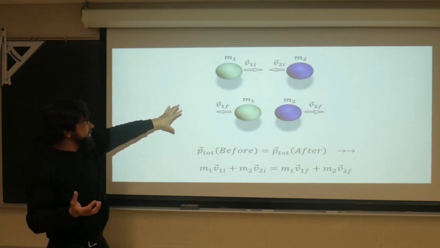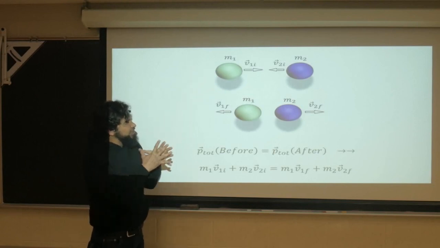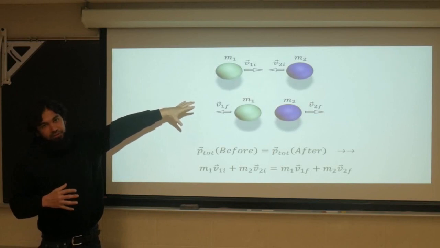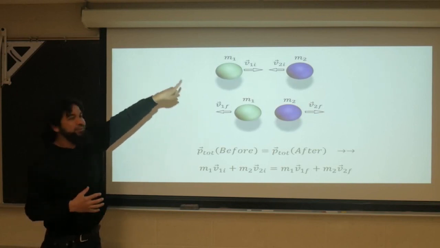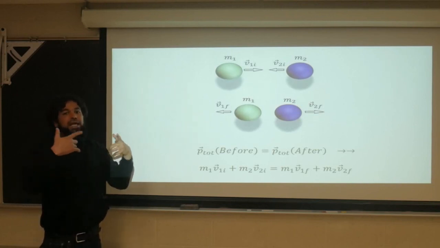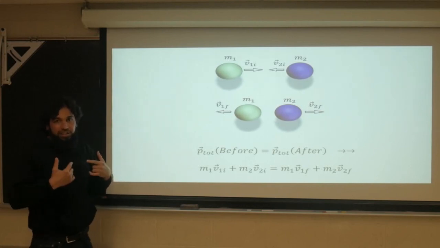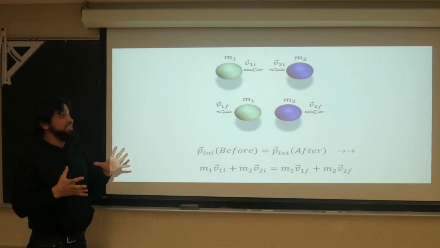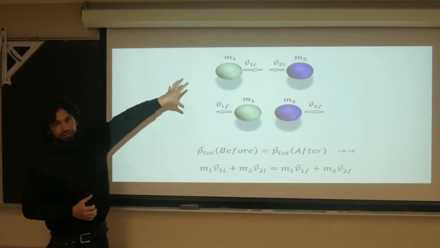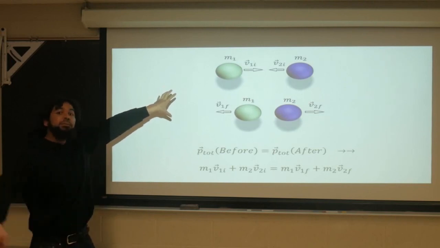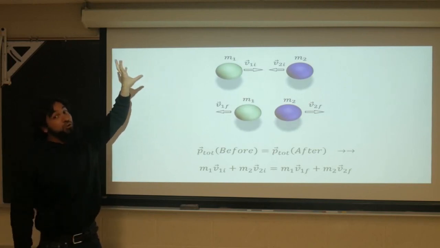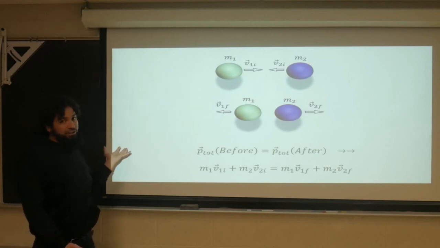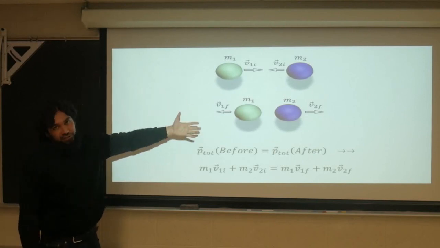But what we know is that at the time of collision, there is a force from the green ball on the purple ball, and another force from the purple ball on the green ball. These are action and reaction, equal in magnitude and opposite in direction. So the total force on the system, which consists of the two balls together, is 0. So the total momentum of this system is constant, and the momentum before the collision must be the same as the momentum after the collision.